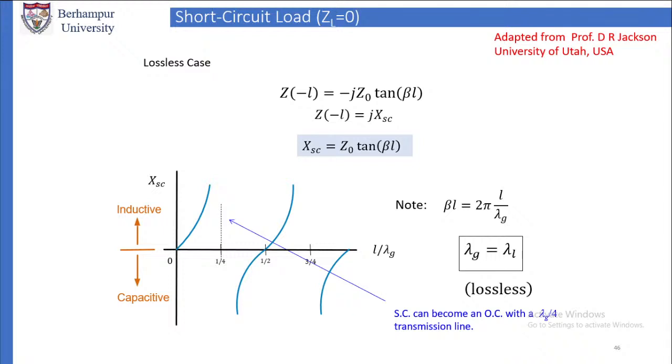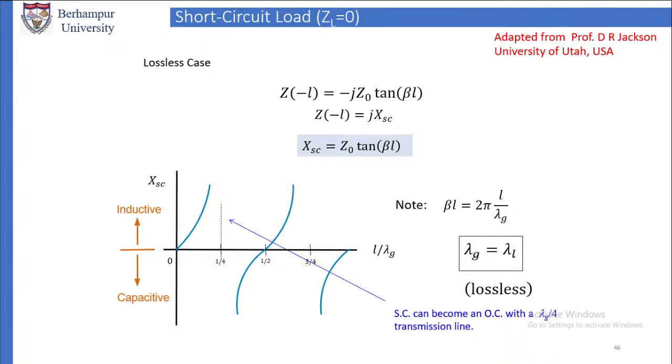As you know, tan theta is negative when theta is between pi by 2 and pi. So when L by lambda g is between 1 by 4 and 1 by 2, that is, if the length of the transmission line section is such, it will be capacitive.